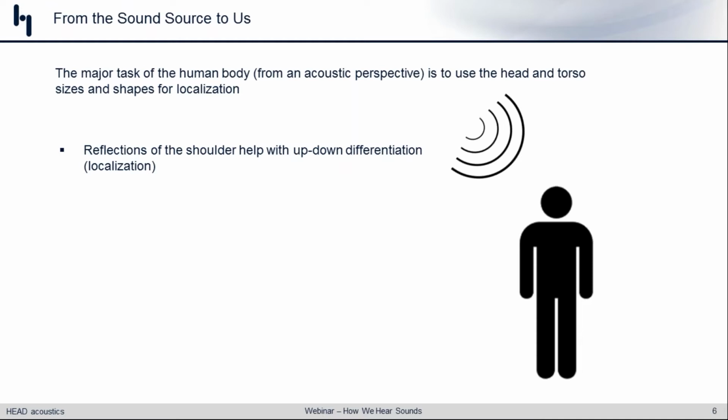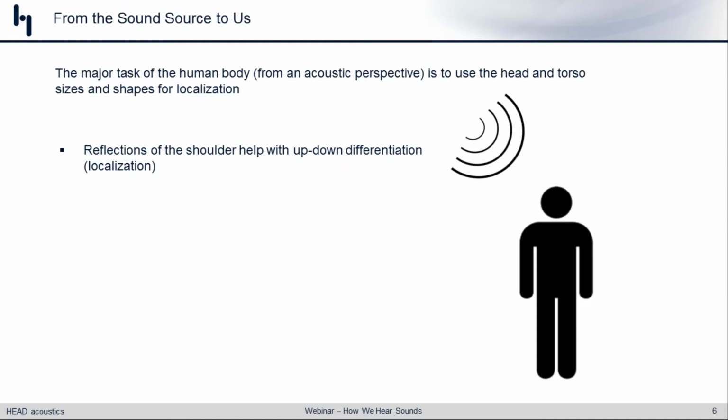And one of the biggest helpers to us are the reflections that occur off the shoulders. We're obviously very asymmetrical beings in the horizontal plane. And if you draw a horizontal line right around our ears, it's clearly noticeable that we have a lot more body mass below our ears than we do above our ears.